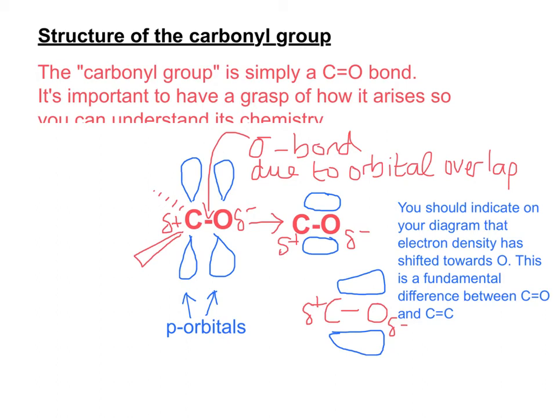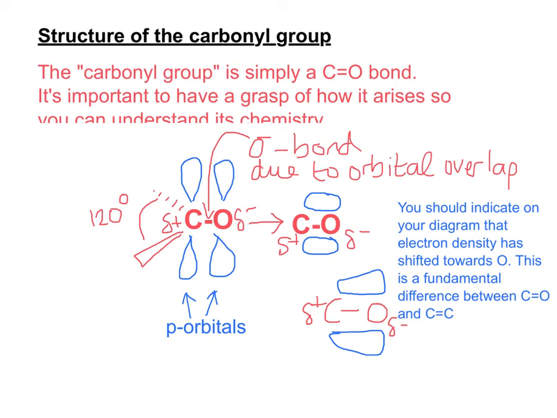So we're going to show a wedge to show a bond coming out of the page, and we're going to show a dotted line or dashed bond to show a bond going into the page. So this bond angle should be 120 degrees, just like in alkenes. So that shows that the shape of the bonds around the carbon atom is trigonal planar, 120 degrees.